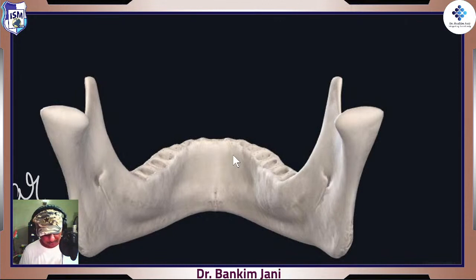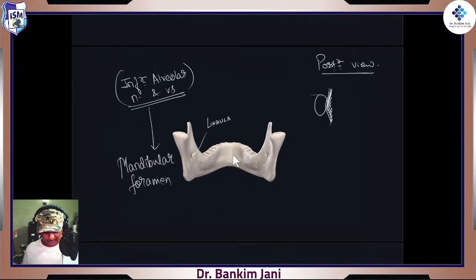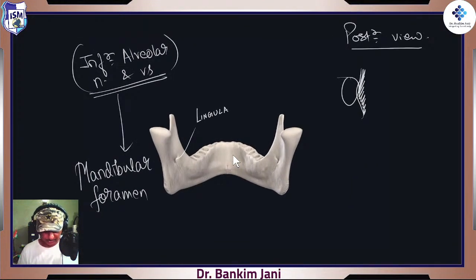Yes, we are, because this overhanging projection is what is called the lingula. So something must be attached over there, right? So that is the lingula. This is that upward projection.